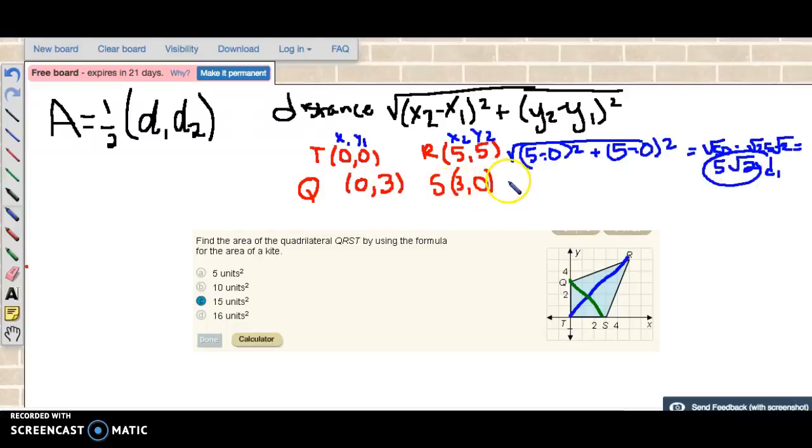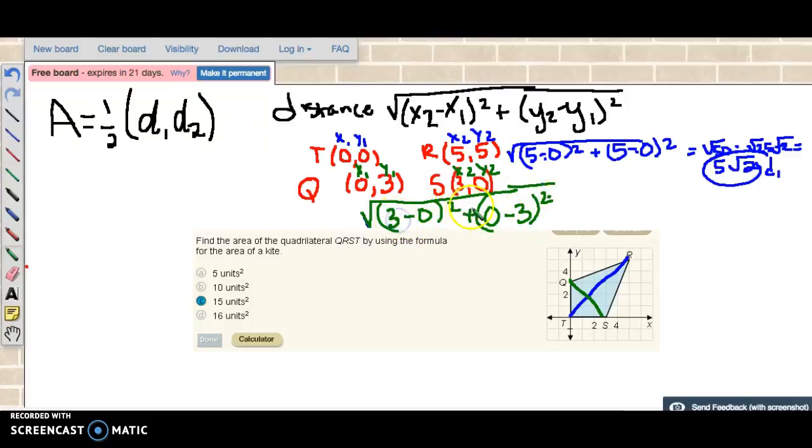Diagonal 2, which is green, we'll say x1, y1, x2, y2. So 3 minus 0 squared plus 0 minus 3 squared. And you'll notice this is a negative 3, but once you square it, it'll be a positive 9.